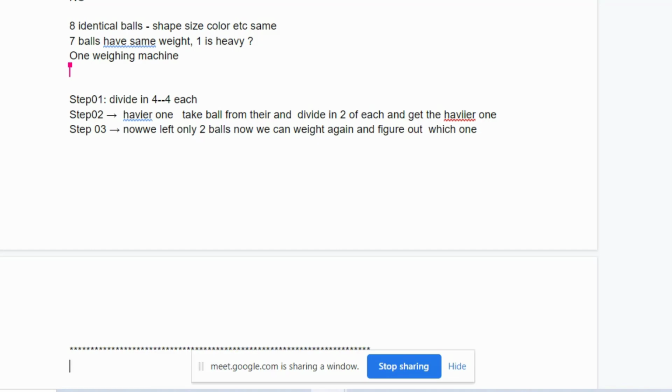If one side is heavier, we take two balls out of those three and put them on the weighing machine. If they are equal, the third one is the heavier one, and if not, the weighing will tell us which one is heavier. Okay, cool.